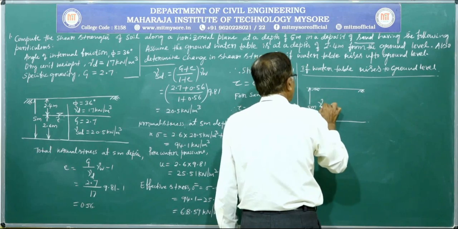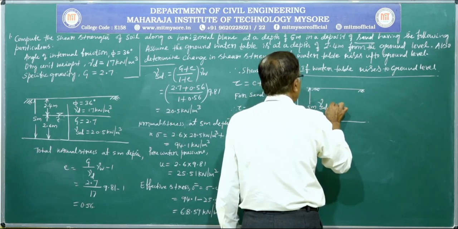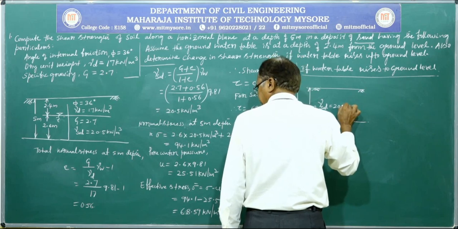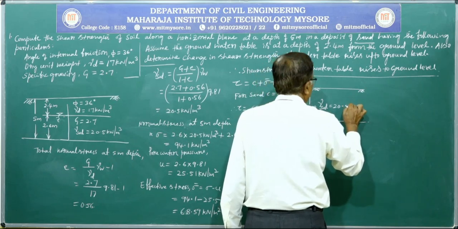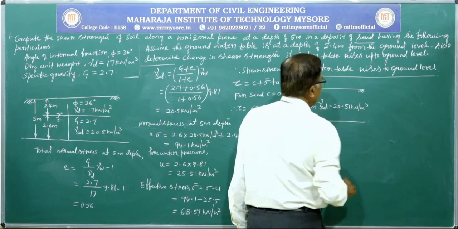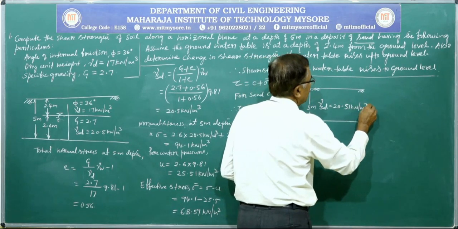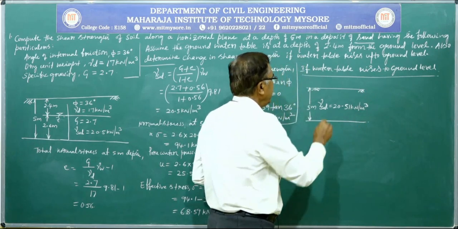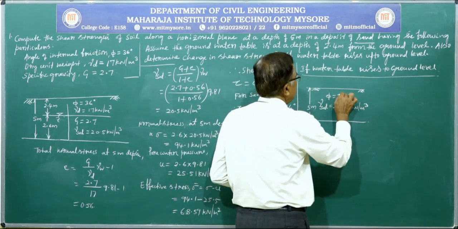So water table rises up to ground level, so gamma saturated is equal to 20.51 kilonewton per meter cube. Here we have to consider saturated unit weight, and phi remains same. Phi is equal to 36 degree.